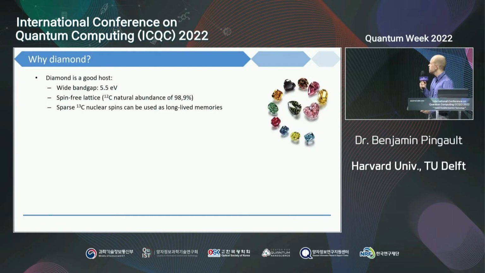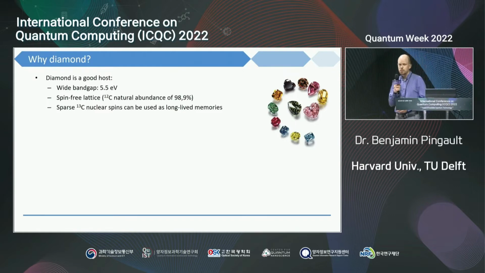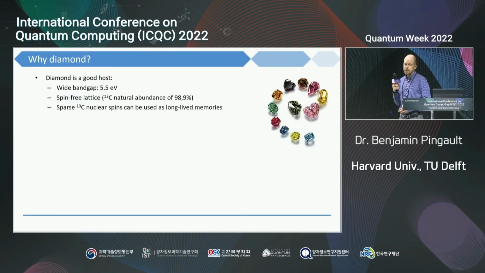As I said, the silicon-vacancy center is a color center in diamond, but why diamond? It's an excellent host. First, it has a very wide band gap of 5.5 electron volts, meaning that if you want to interface some system with light, your matrix will not interfere that much with it. It is a spin-free lattice, with 98.9% of the carbon atoms being spinless.